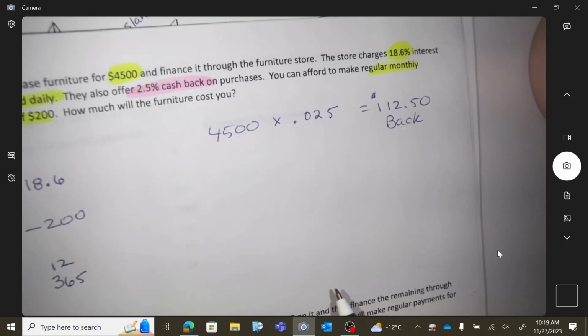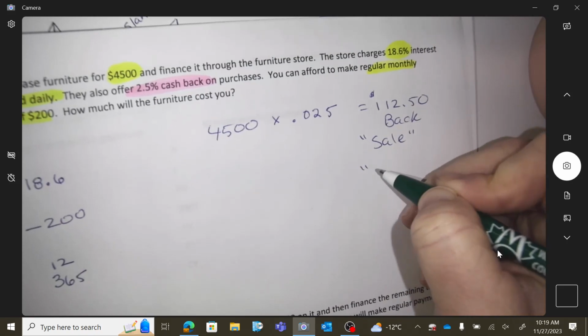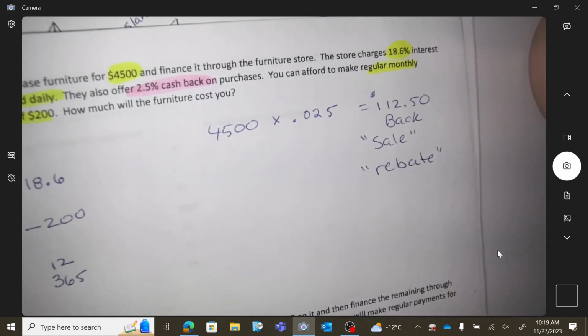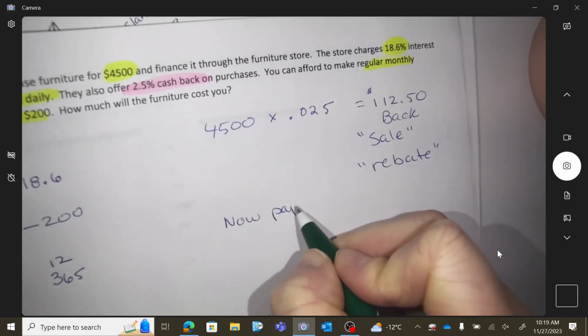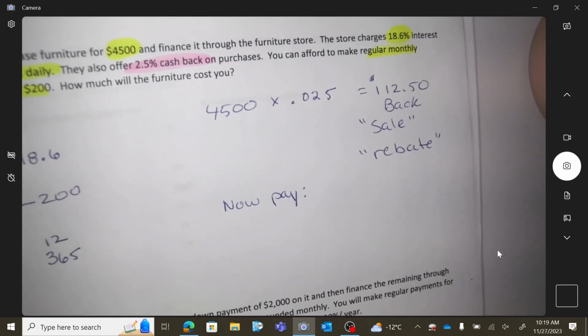Okay, cash back. It's like a sale. You might also see the word rebate. I think we've had that in there. So if you're getting a rebate, you're getting cash back, you're getting a sale on it. So what am I going to be paying for this furniture now? If I get a sale, does that make sense?